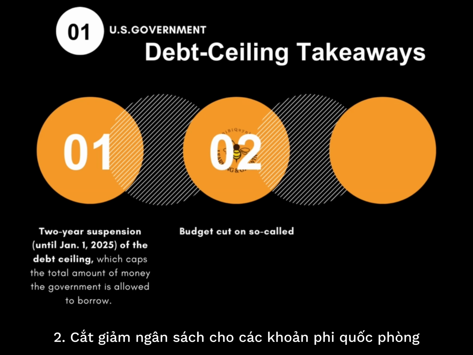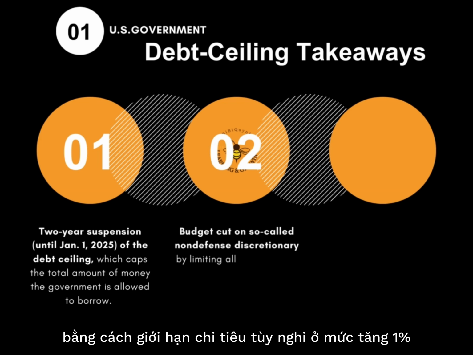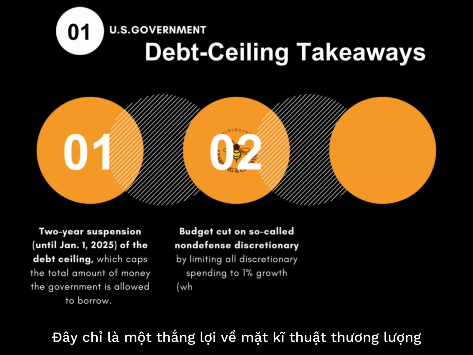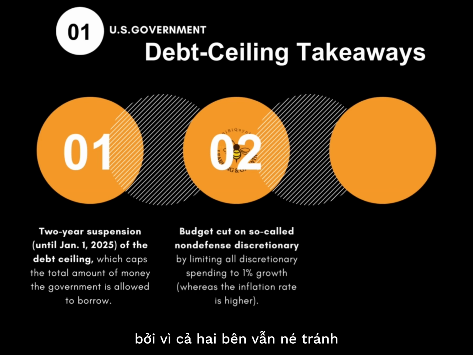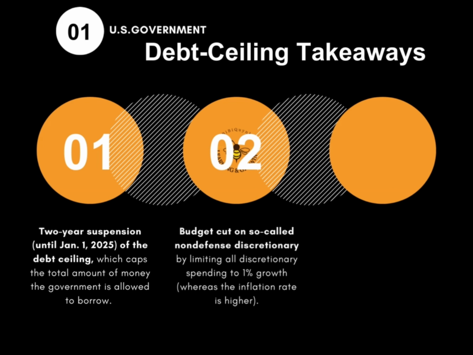Number 2, the budget cut on so-called non-defense discretionary by limiting all discretionary spending to 1% growth, whereas the inflation rate is higher. This is just a technical win for the Republicans in the media, because both sides still avoid working on the significant part, mandatory spending, whereas discretionary spending is a much smaller issue.